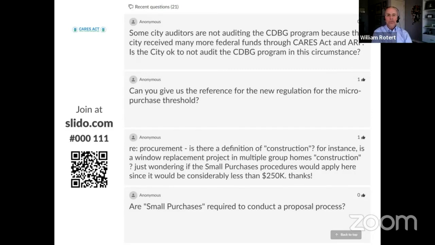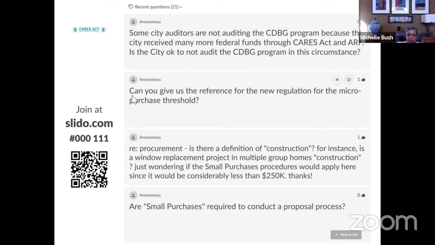Great. I think we answered this next one. Can you give us the reference for the new regulation for the micro purchase threshold? And I believe that's 200.320. Can you correct me if I'm wrong about that, Dion? Yeah, and you're on, and there you go. I'm sorry, I can't see the question. It's on the slide, on the screen.